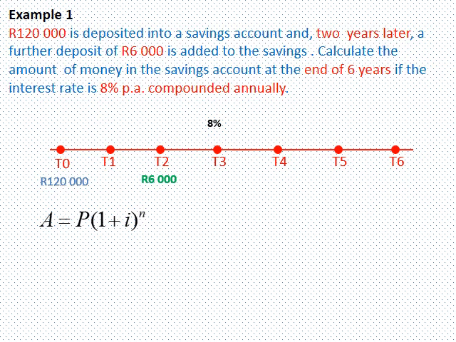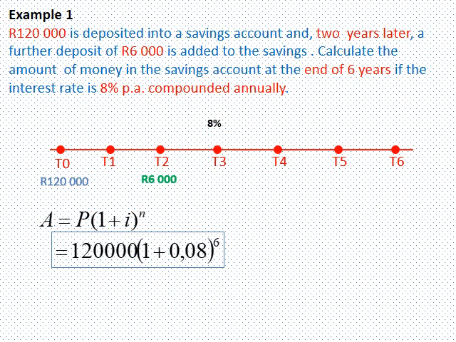Now, because there are 2 deposits into this account, you are going to use this formula twice. The first time will be for the blue 120,000 Rand, and the second time will be for the green 6,000 Rand. Now I've given 120,000 Rand times 1 plus 0.08 because that was the interest rate, to the power of 6. Why 6?